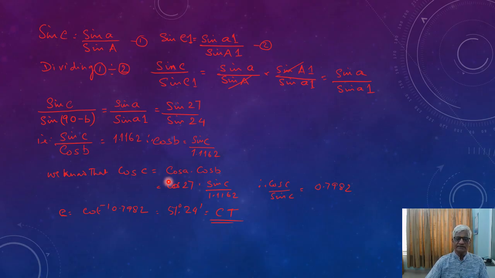And cos C we can solve by using cosine of A into cosine of B, which yields C is equal to 51.24.